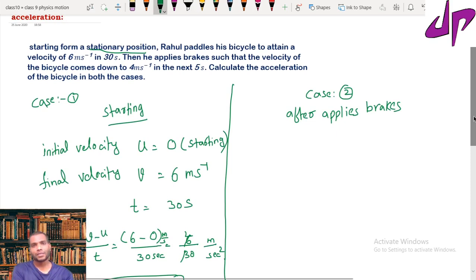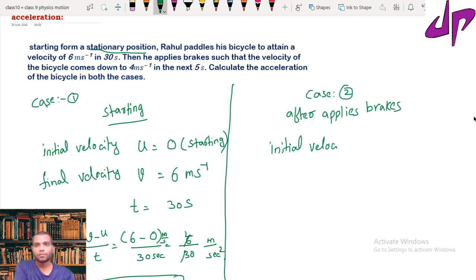When he applies brakes, what happens? His bike velocity decreases. When he reaches the velocity 6 meter per second, that we will take as initial velocity. So in this case, initial velocity u equal to 6 meter per second.